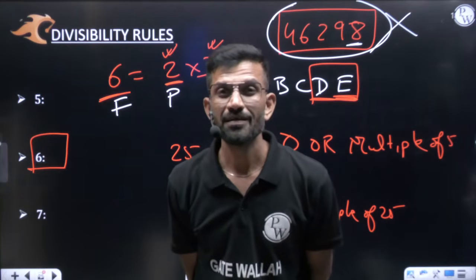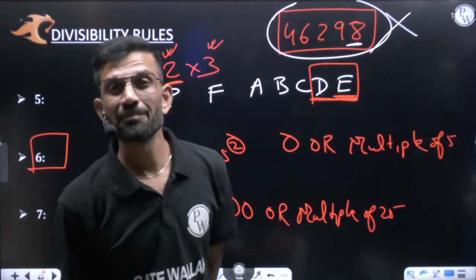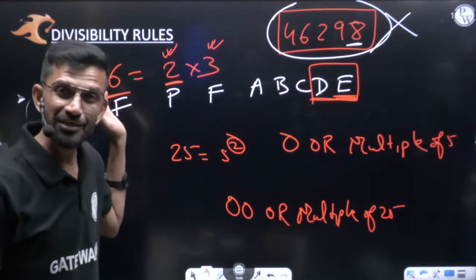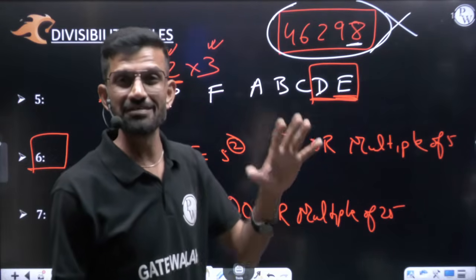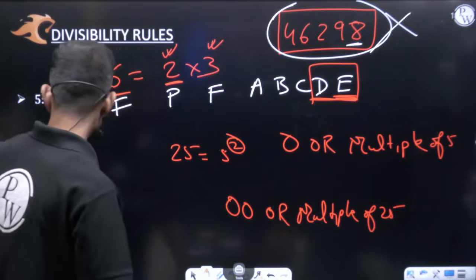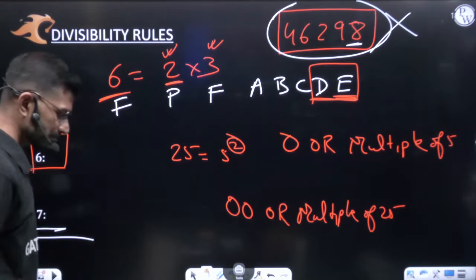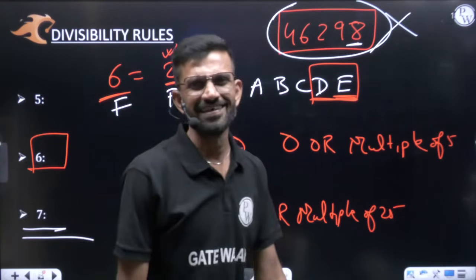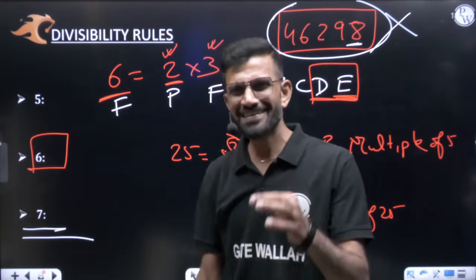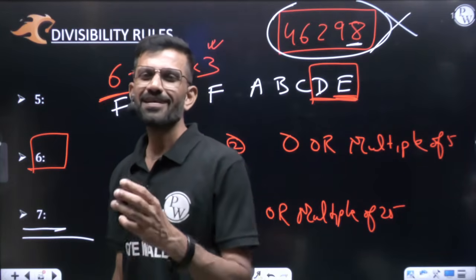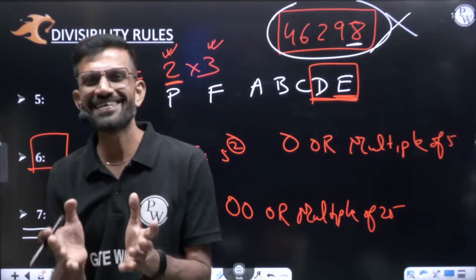Now my dear friend, for many bigger numbers you can make a divisibility rule like this. I'll tell you which bigger numbers, and how to make the divisibility rule, in a further slide. Coming to the divisibility rule of 7. No doubt it is there, but instead of following that rule, you can directly divide and check.